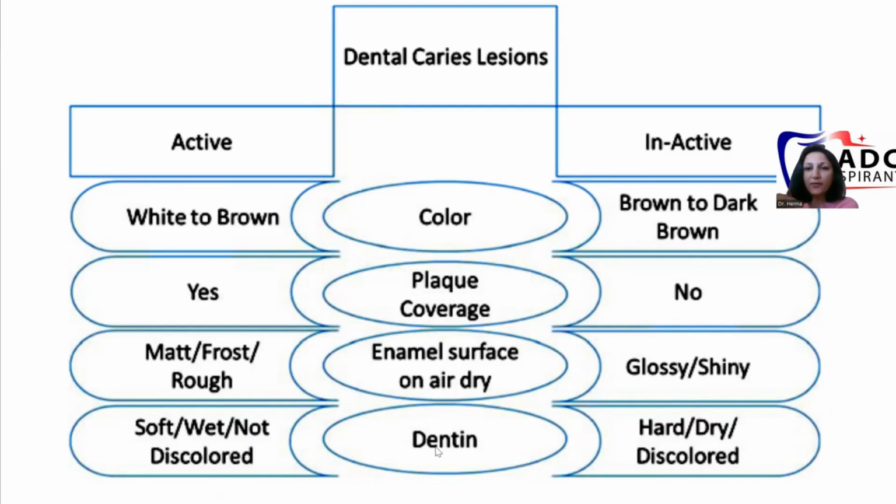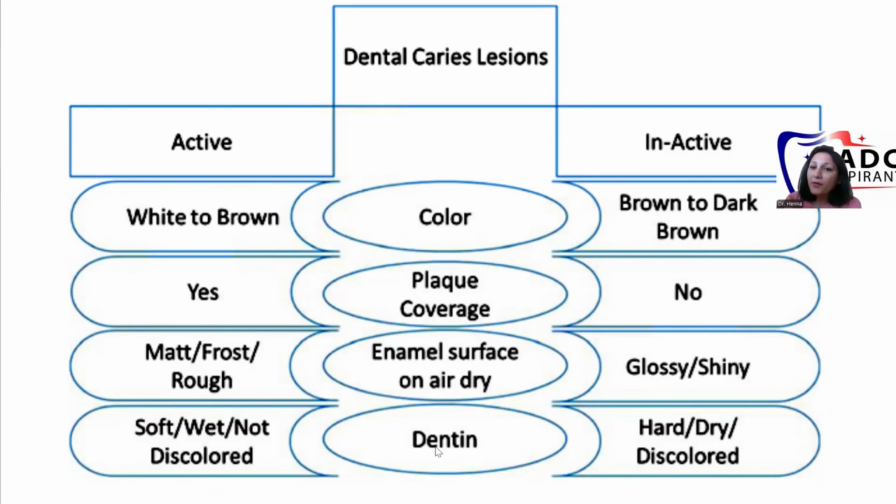And the dentine, when you look at these cervical lesions, the active ones will usually be soft. They will not be discolored and they'll be a little bit wet. Whereas the arrested ones will be extremely hard when you probe them or use your spoon excavator, and they will be dry and heavily discolored.